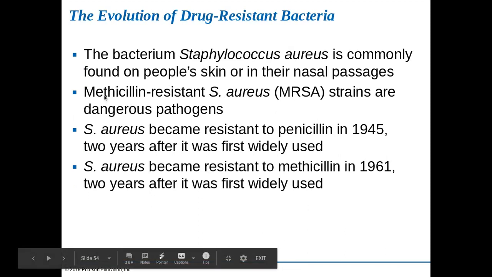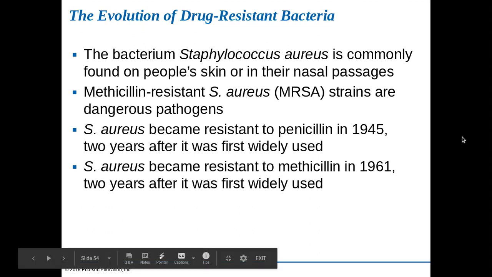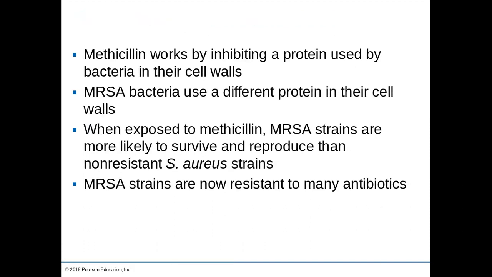Methicillin is an antibiotic, and so we call these MRSA, basically representing the acronym of this. And these are very dangerous pathogens because they are resistant to most antibiotics. Once we started using penicillin, the staph bacteria became resistant to that. Then it became resistant to methicillin. And so these are very dangerous because we don't have a lot of antibiotics that can take down these staph.